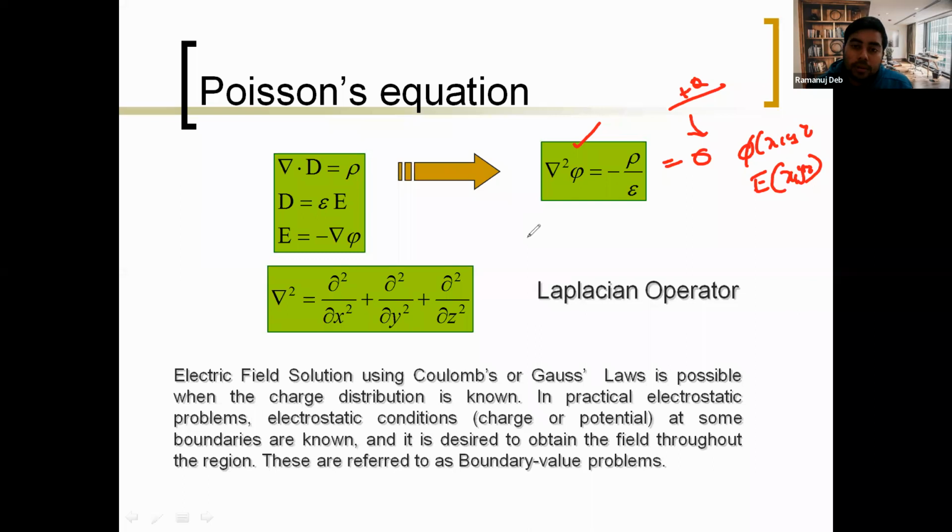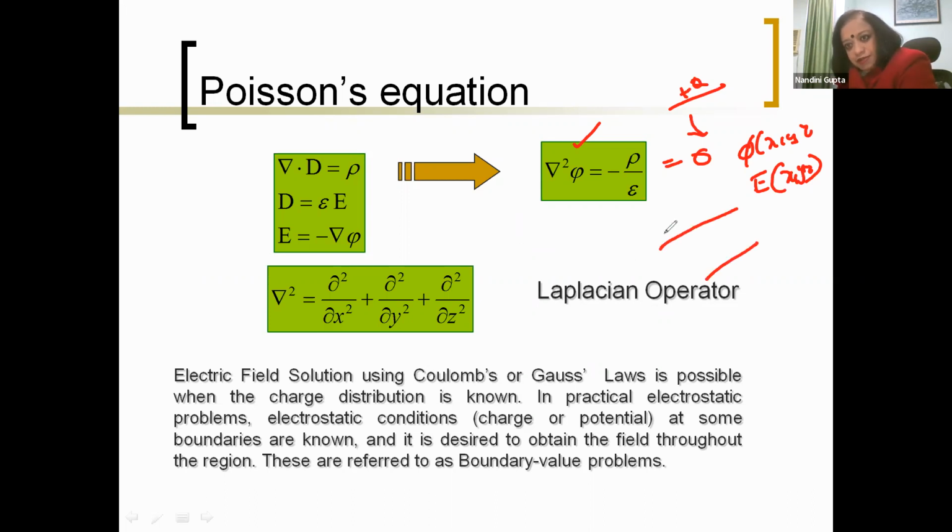Yes, ma'am. The volume charge density won't be affected, but this permittivity. No, I'm not talking about permittivity. I'm talking about plus q minus q on the capacitor plates. Where in this equation does this information appear?